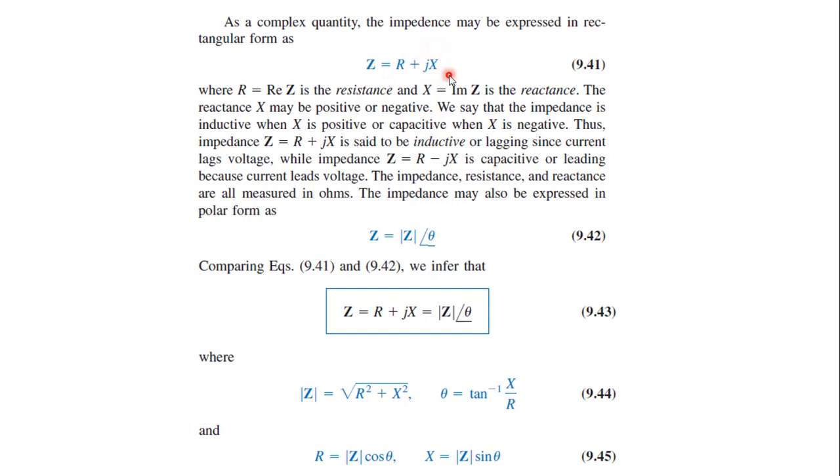Depending upon the value of X, this Z can be inductive or capacitive. Again, this can be expressed in rectangular form as well as polar form, and the formulas for rectangular and polar are given here.